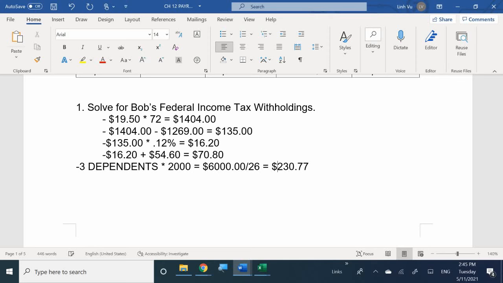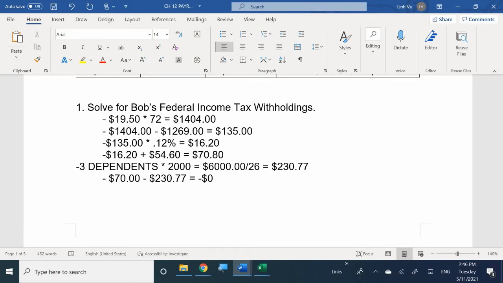So what you're going to do is take this amount and hold it against his total income tax. So in this case, 70 minus the 230.77. How much tax is he going to be withheld for? 0.